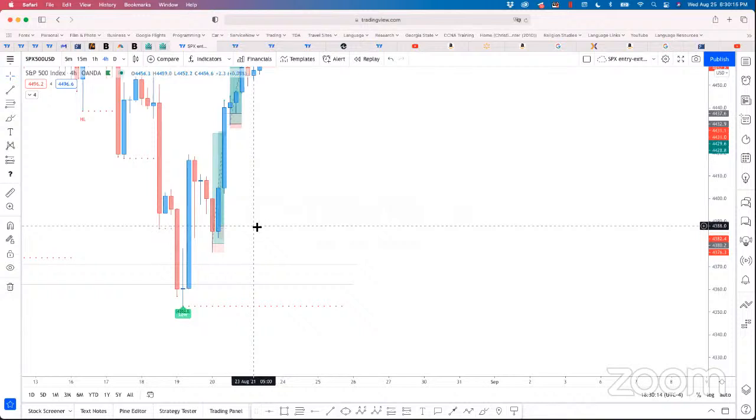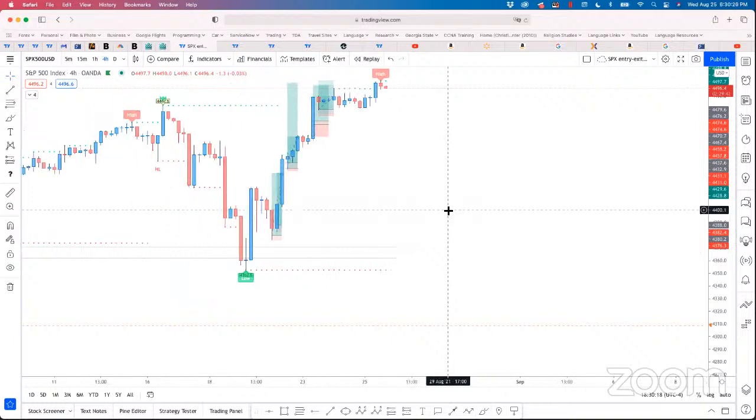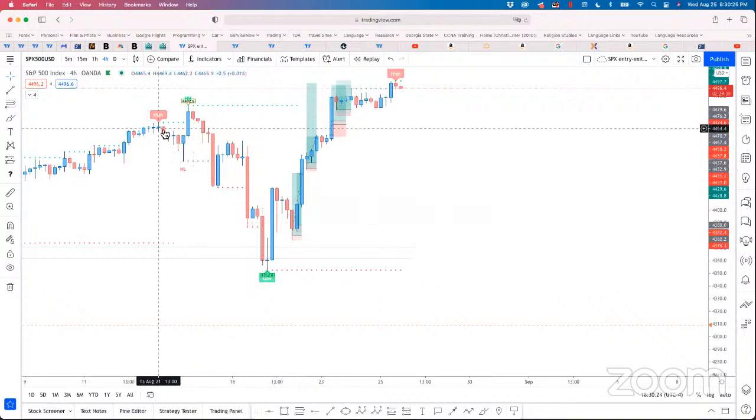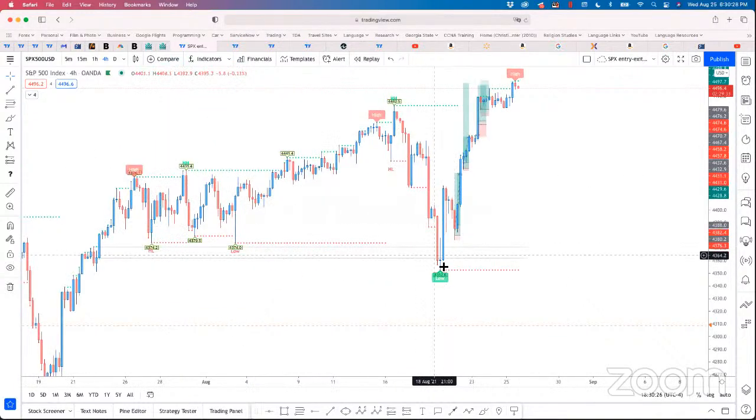I didn't do it this time, but usually if I'm looking for a stack, I'm looking for moves that are going to be off of a higher time frame. This setup that I took over here that I'm still in was based off of a daily and a 4-hour setup.